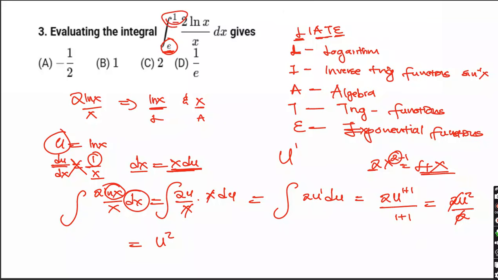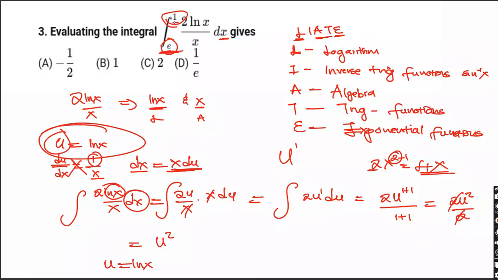Now the key point here, which you shouldn't miss, is that if you have used u substitution, you need to convert the limits. You have to change the limits which were in terms of x to now be in terms of u. So in this case we have u equal to ln x from our initial assumption.